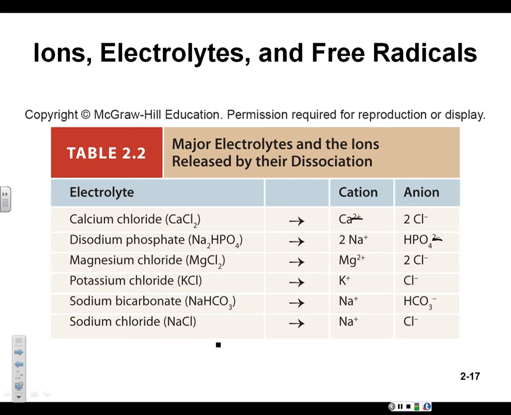It gained 2. Oxidation means to lose. Reduction means to gain.